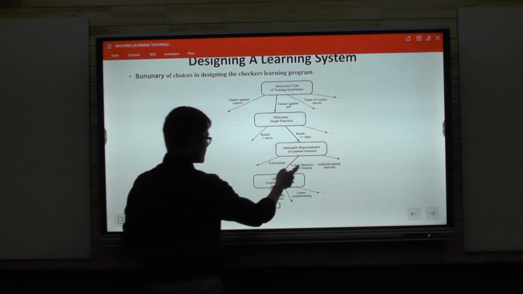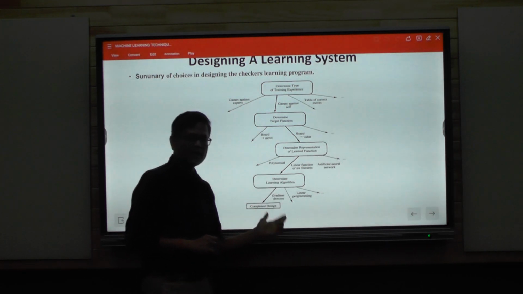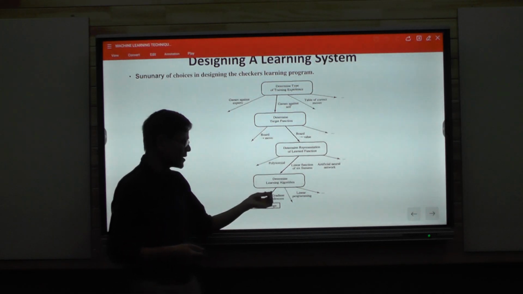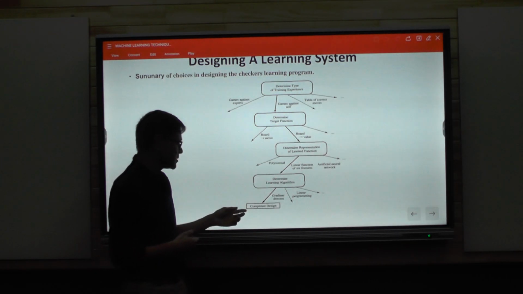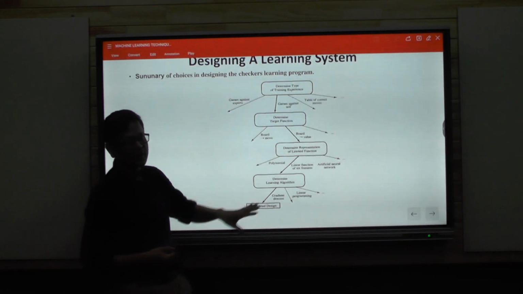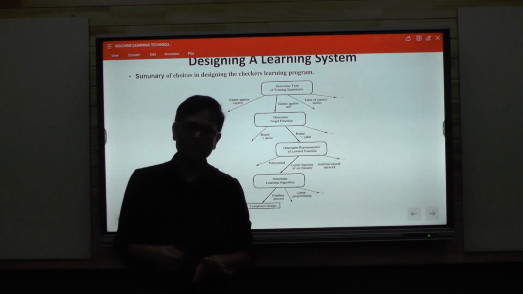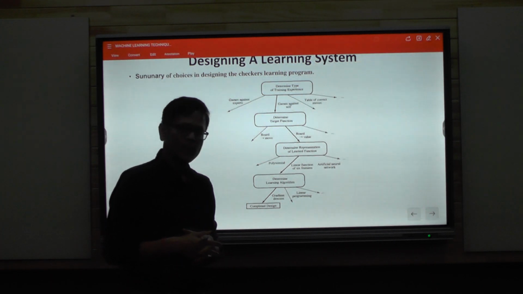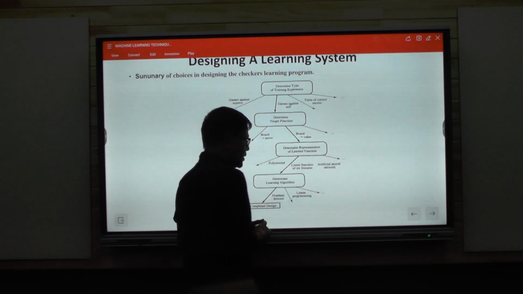Then we determined the learning algorithm for training the weights: we chose gradient descent, because LMS is a type of gradient descent, and we have completed the design. If left to play against itself, this system will keep improving and finally be competitive enough to play against any champion or any human player.